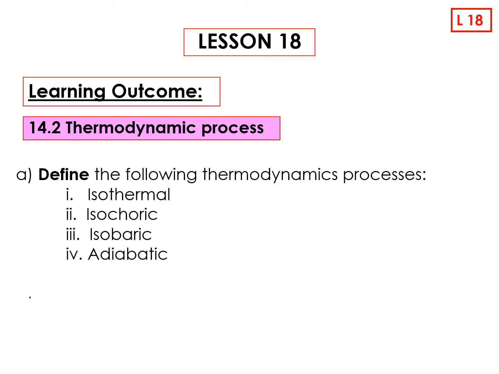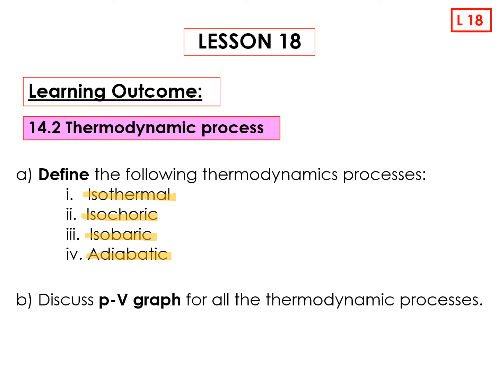The first one is to define the following thermodynamic processes: isothermal, isochoric, isobaric, and adiabatic. The next learning outcome is to discuss the pressure against volume graph for all the thermodynamic processes.